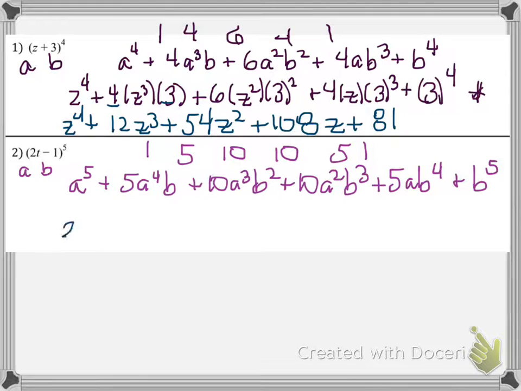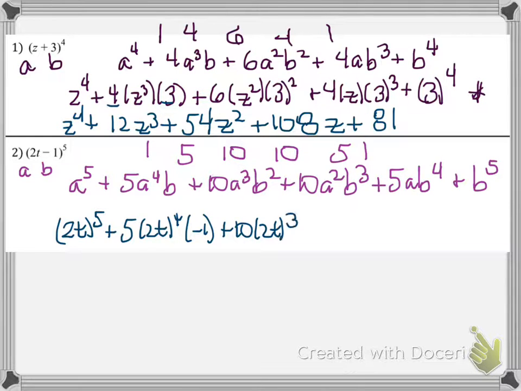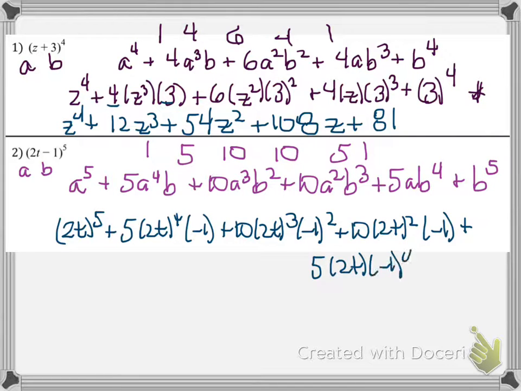So this is going to be 2t to the 5th plus 5 times 2t to the 4th times negative 1 plus 10 times 2t cubed times negative 1 squared plus 10 times 2t squared times negative 1 cubed plus 5 times 2t times negative 1 to the 4th plus negative 1 to the 5th power.